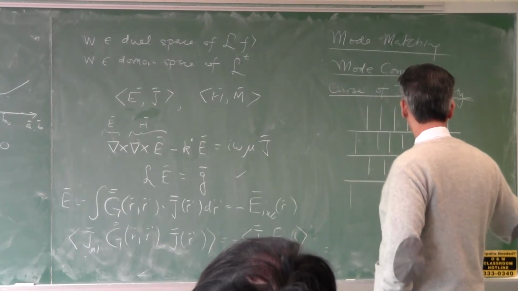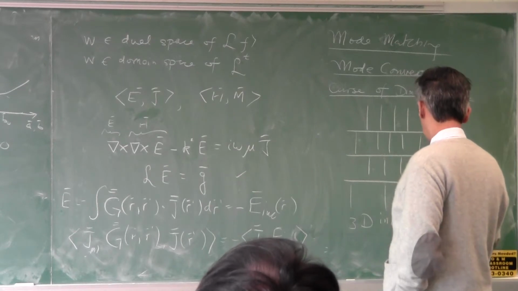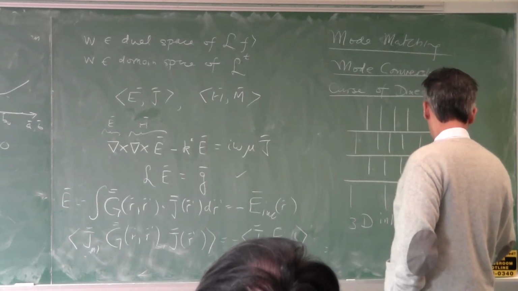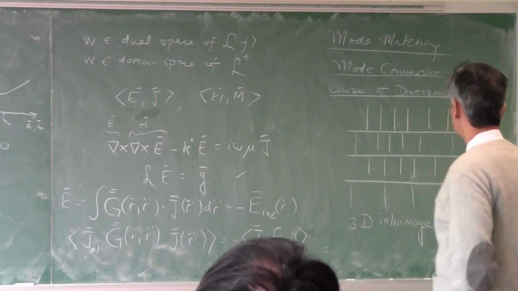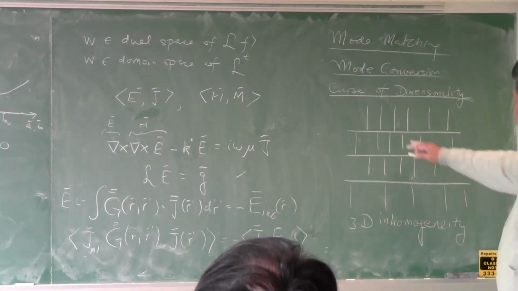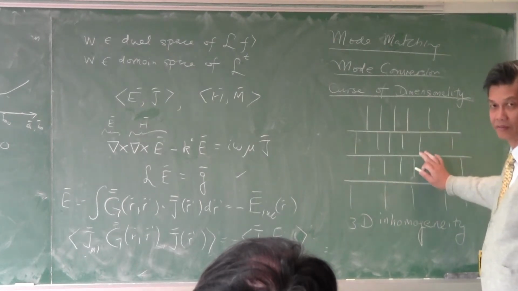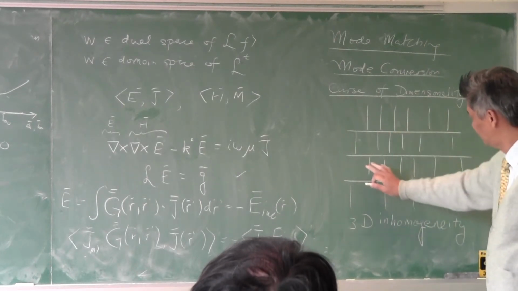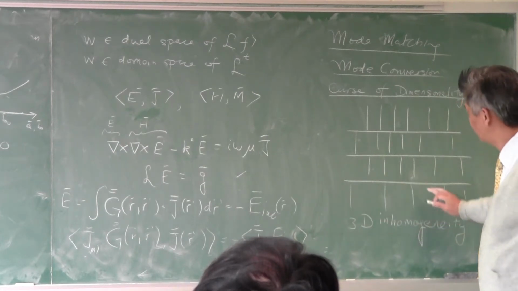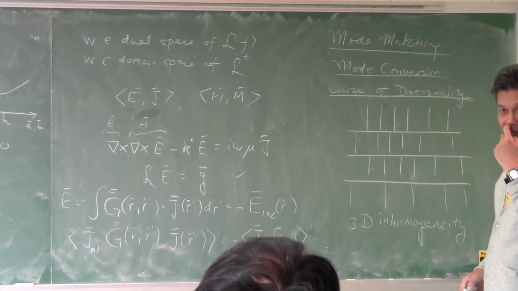Say if I have this 3D inhomogeneity, I can reduce this to a set of 2D problems by solving a 2D problem in this section, a 2D problem in this section, find all the modes that I have there, and then match the solutions after I found all the possible modes.